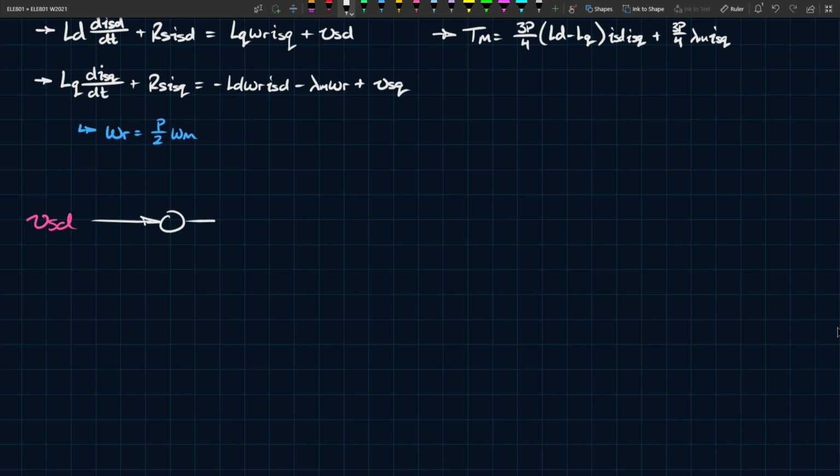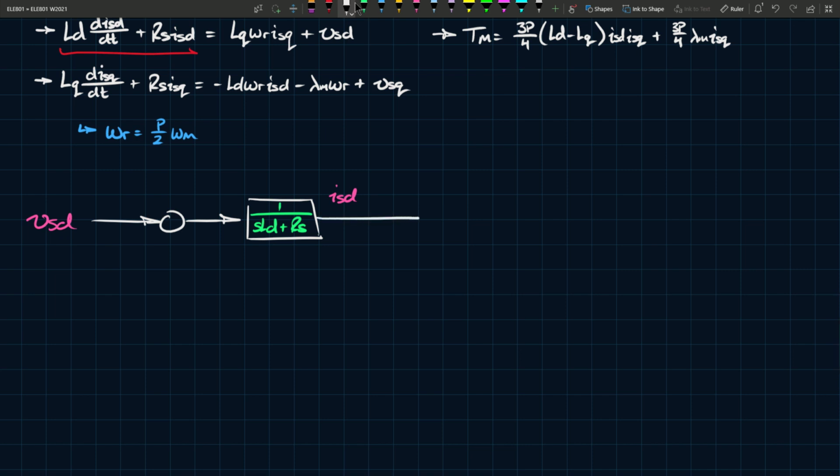So we're going to have something coming in here, and we're going to have a first order function here. In this case it'll be 1 over SLD plus RS, and that's what this side of the equation becomes. The output of that is equal to ISD, again based on the equation.